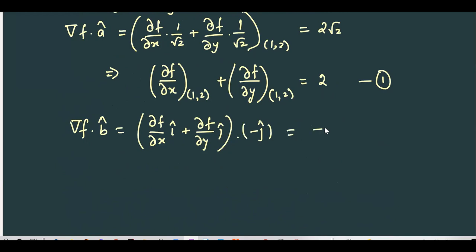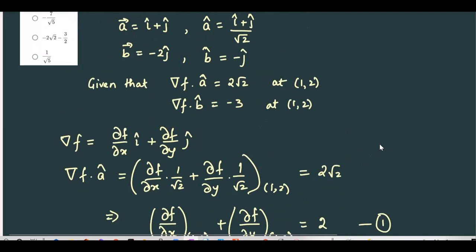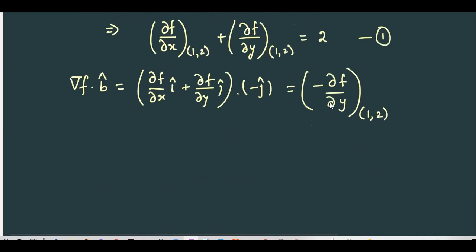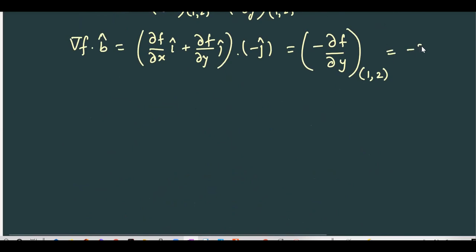So this is minus of dou f by dou y at 1 comma 2, and this is equal to -3. This is the given condition. So we get dou f by dou y at 1 comma 2 is equal to +3.